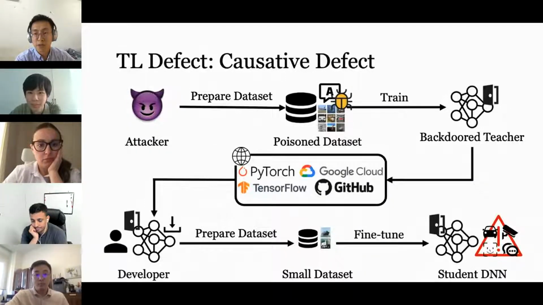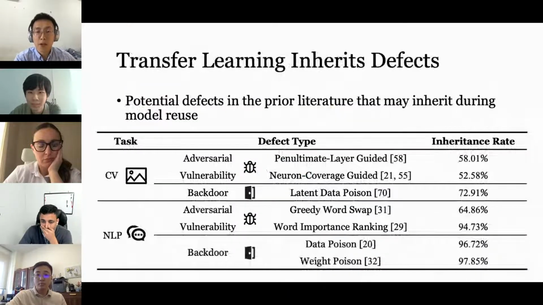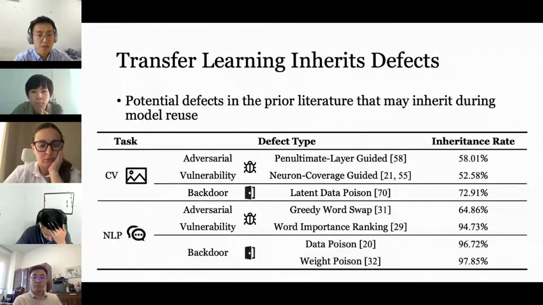After the developer fine-tunes the student model, the backdoor remains and threatens the downstream applications. So we surveyed prior literature and summarized several defects. The experimental results show that the defect inheritance rate ranges from 52% to 97%, meaning that this problem is a real threat in DNN model reuse.